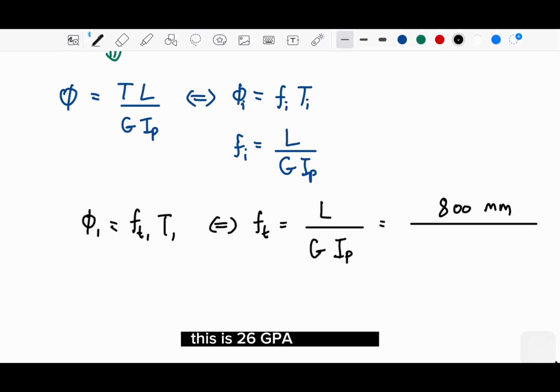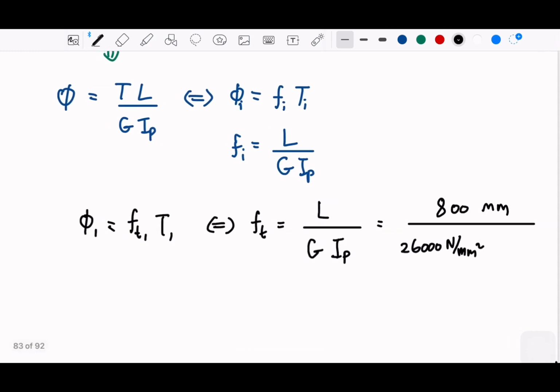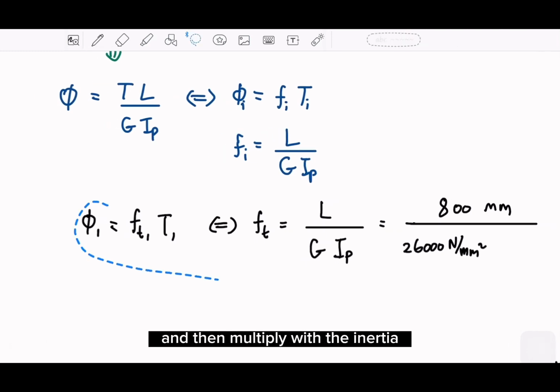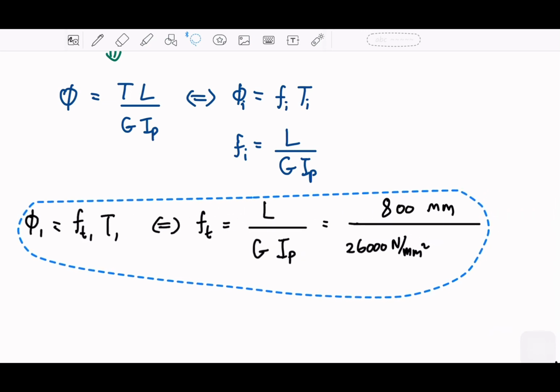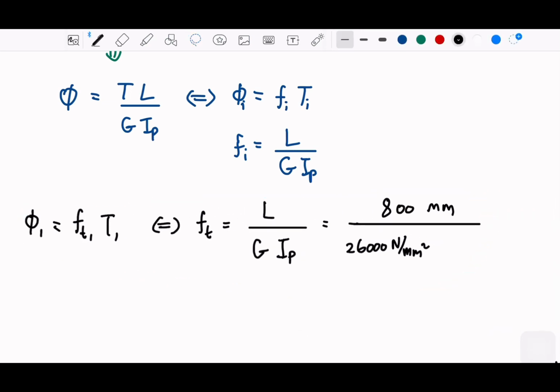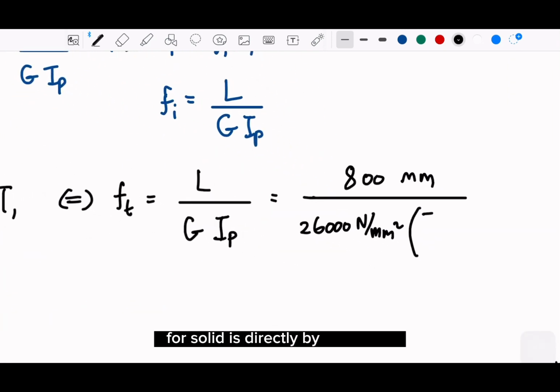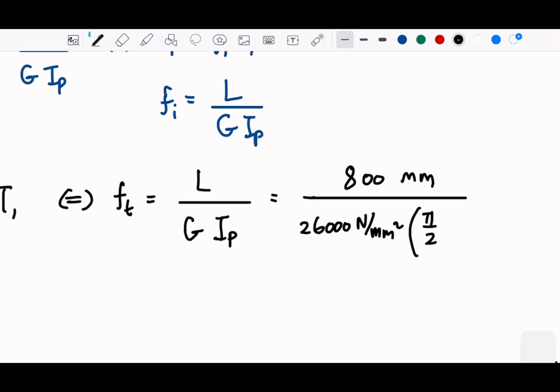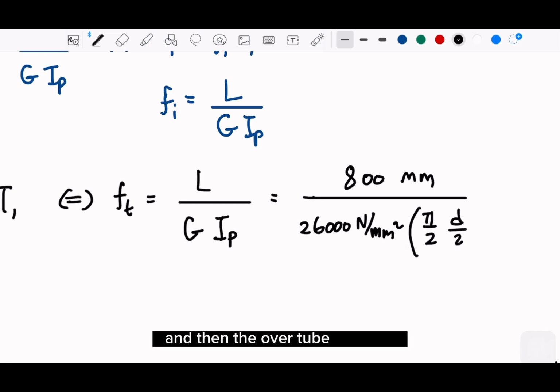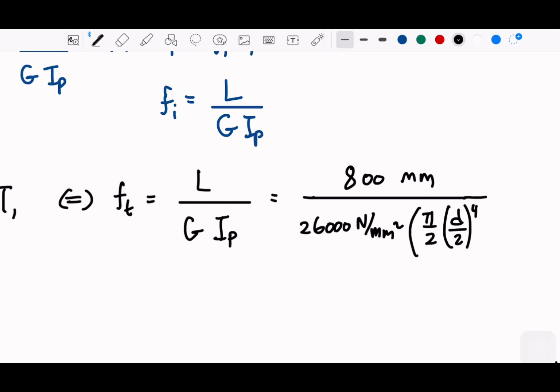This is 26 GPa, or 26,000 Newton per millimeter squared. And then multiply with the inertia. Inertia for solid is directly pi over 2, and then d over 2 to the power of 4. And we can write this as pi d to the 4 over 32.